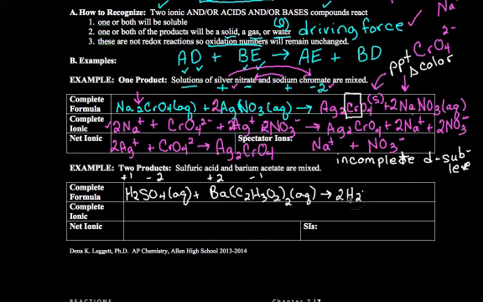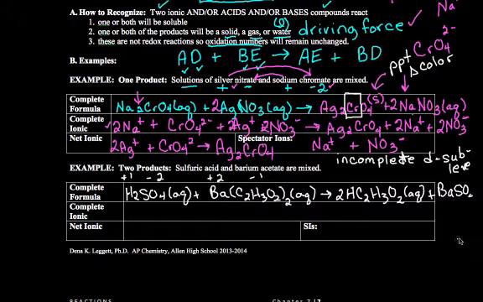Let me erase that, make sure I get that correct for you. HC2H3O2 acid. Now, I'm going to get then the positive barium will go with the negative sulfate, so I'm going to get barium sulfate.